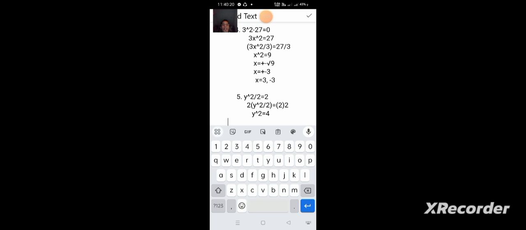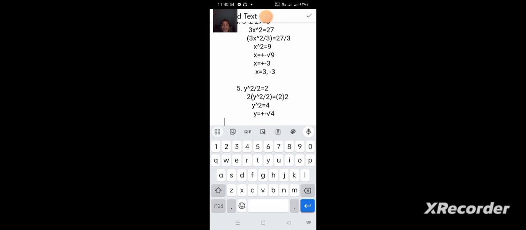Extracting the square root to both sides of the equation, you will have y is equal to plus minus the square root of 4. So the equation now becomes y is equal to plus minus, getting the square root of 4 is 2.